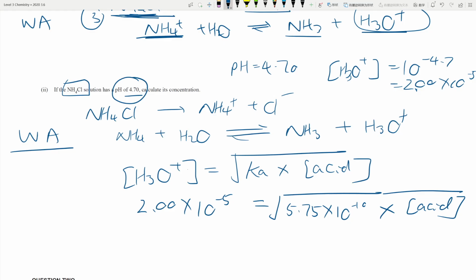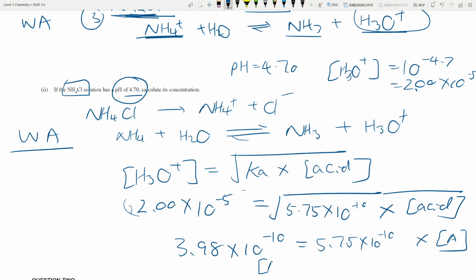So substitute. We want to square this side to get rid of the square root. So this is 10 to the power negative 4.7 squared, which is 3.98 times 10 to the power negative 10, which equals 5.75 times 10 to the power negative 10 times the concentration of the acid.